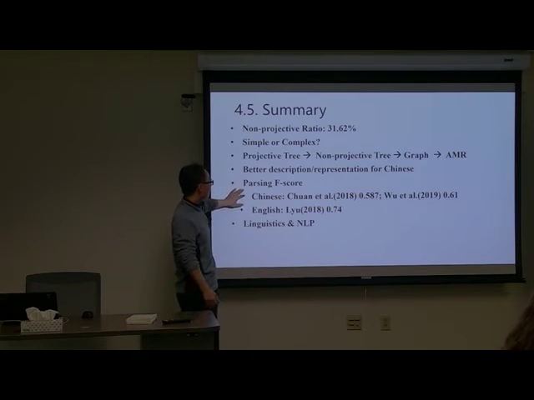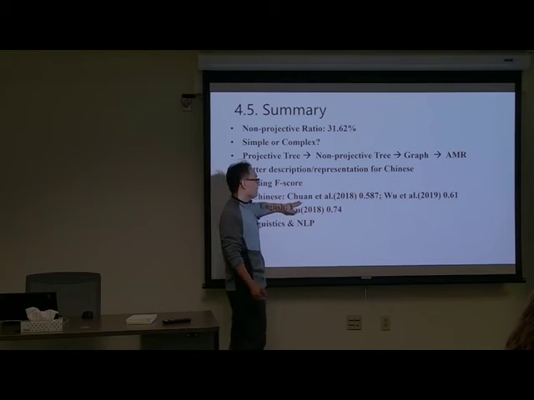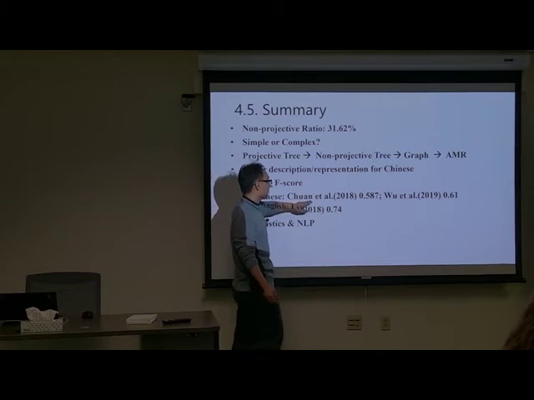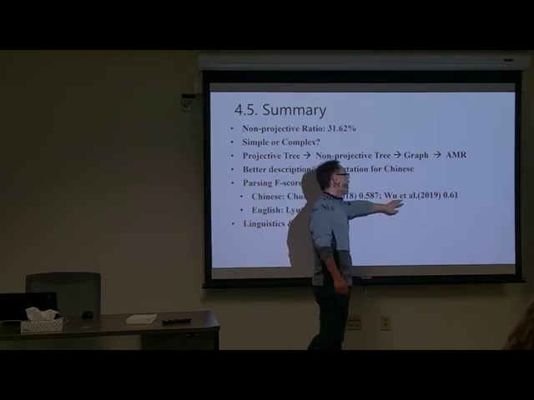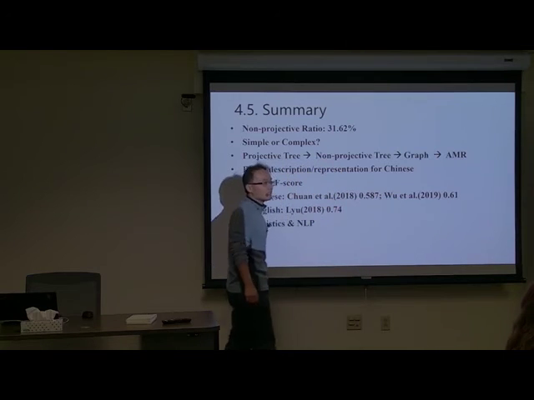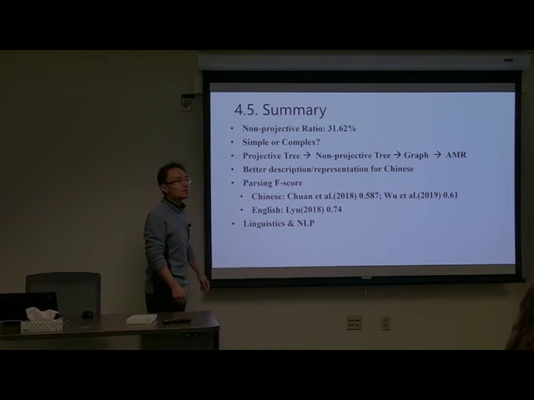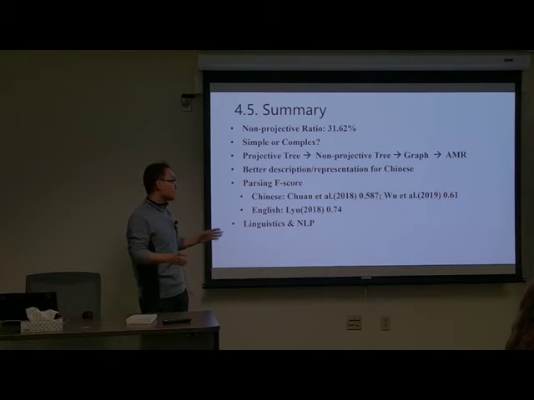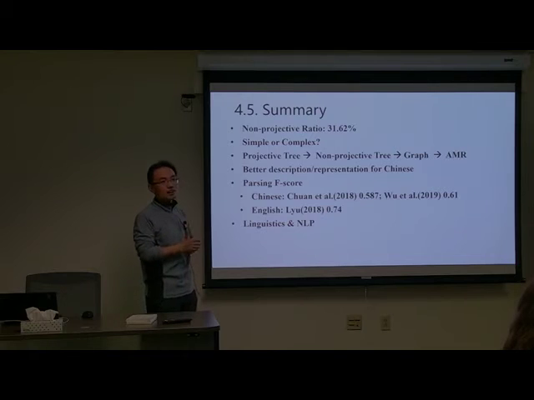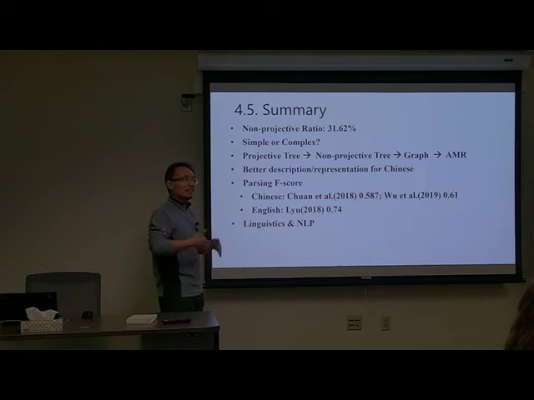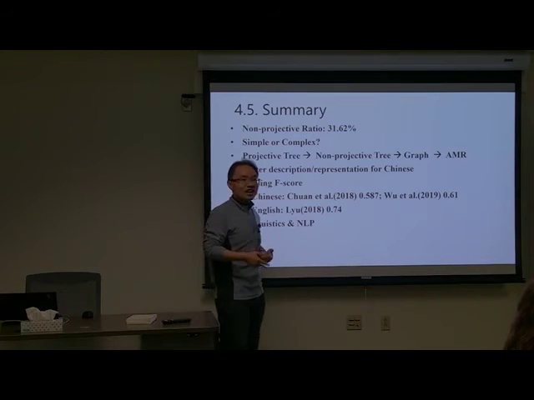And we are also doing some parsing work for Chinese, in collaboration with Professor Xue and ourselves. The score is about 60 now, only on 10,000 sentences. I think more data is on the way. We have 30,000 now, but they are still being checked.